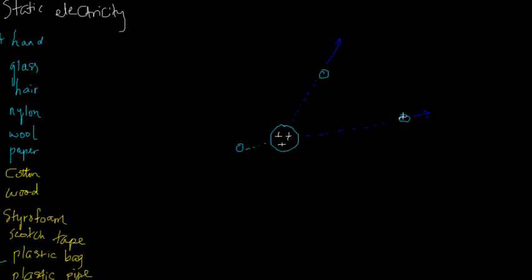So the closer the charges are together, the bigger this force of repulsion. Okay, so this is another feature of electrical forces. If the two charges are closer together, they experience a bigger force.